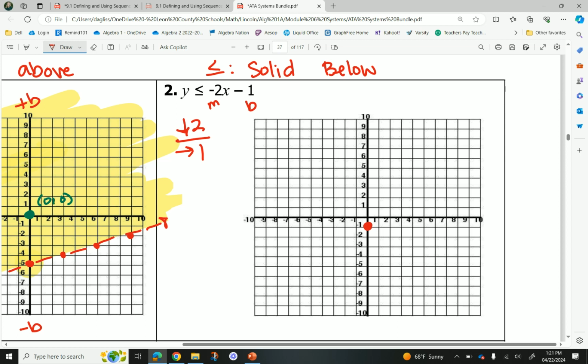We go down because it's negative. All right? So down 2 over 1. And to go backwards, I can go up and back. Okay, and we've already determined that we can connect with a solid line. So I can connect these with the normal lines that we're used to.